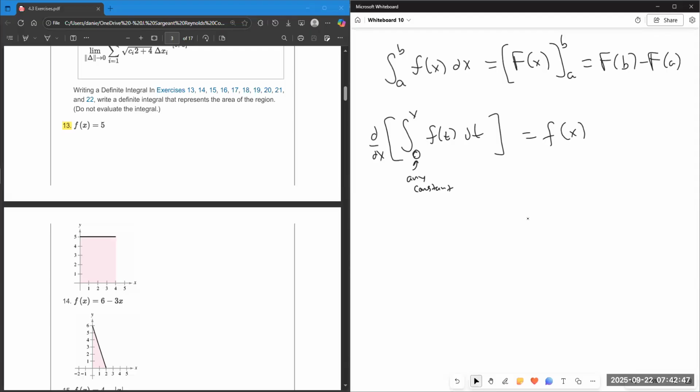Why does that one work? Because if I take the derivative with respect to x of capital F of t evaluated from 0 to x, that's the derivative with respect to x of capital F of x minus capital F of whatever this constant is.